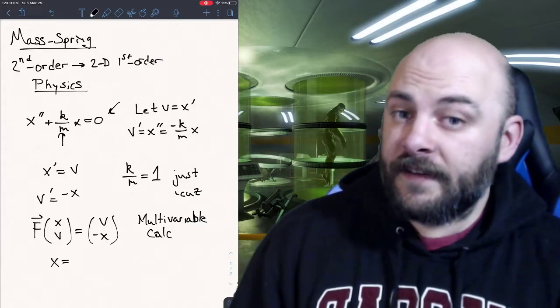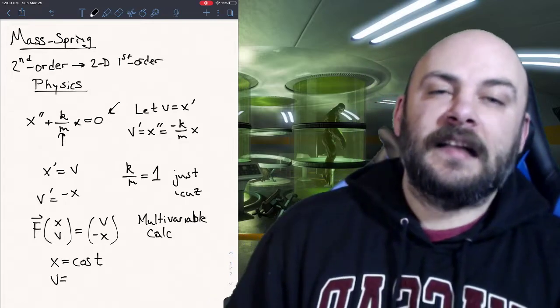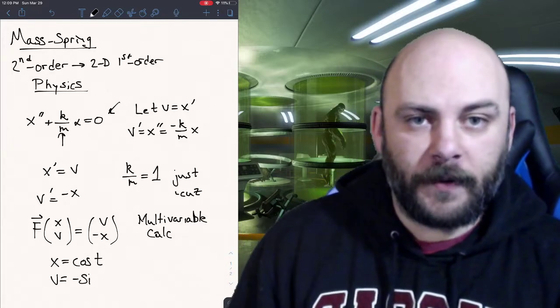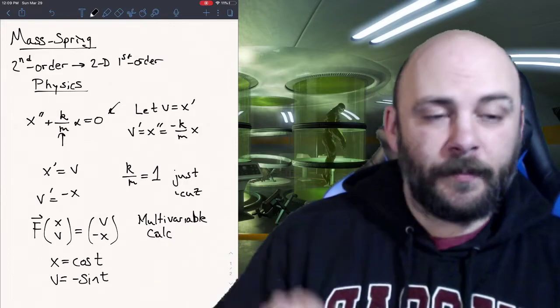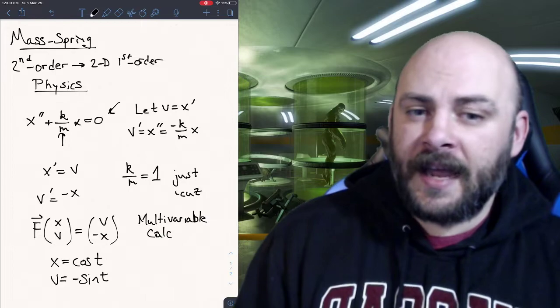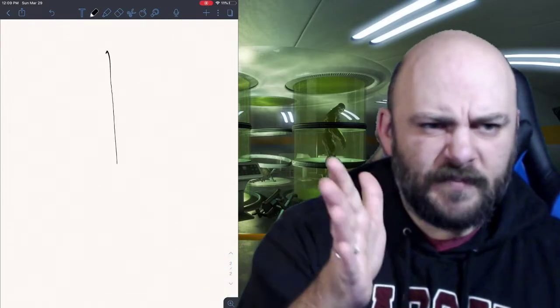Now take the derivative of that function and you get negative the first function you start with. That's classically differential equations. And so cosine of t and negative sine t will fit the bill here. This is what we understand. We remember this from second order differential equations.